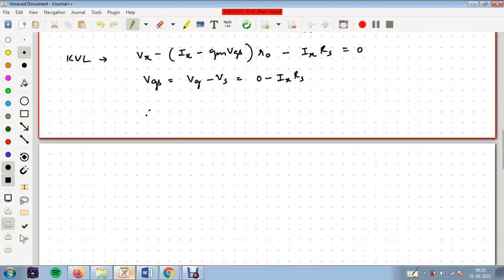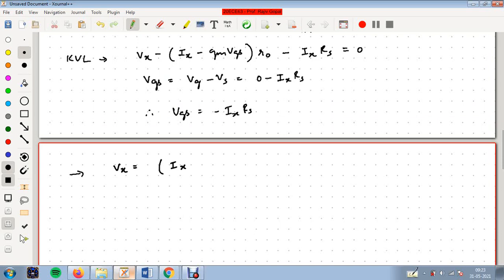Therefore, VGS is minus Ix into Rs. You substitute in the above equation. So what you get is Vx is equal to Ix plus Gm Rs into Ix into R0 minus Ix Rs.